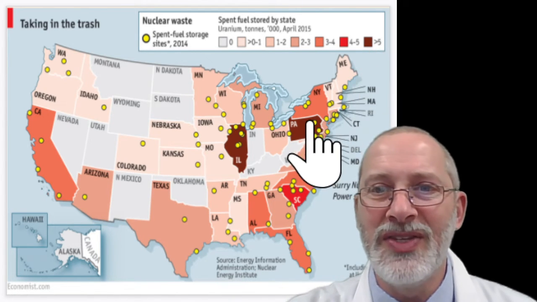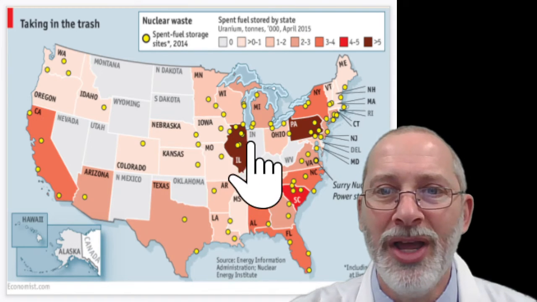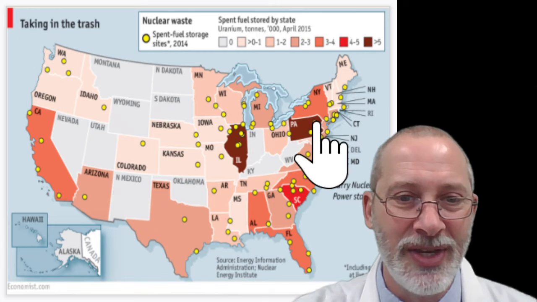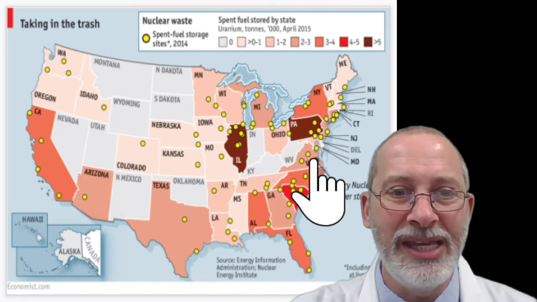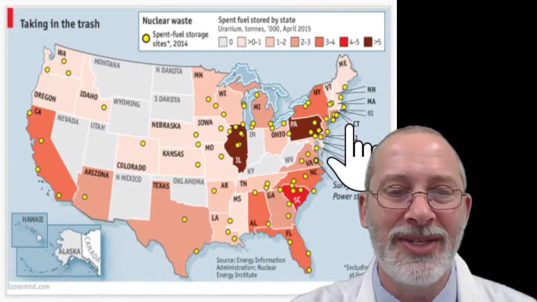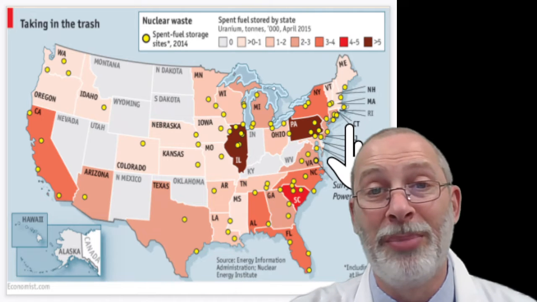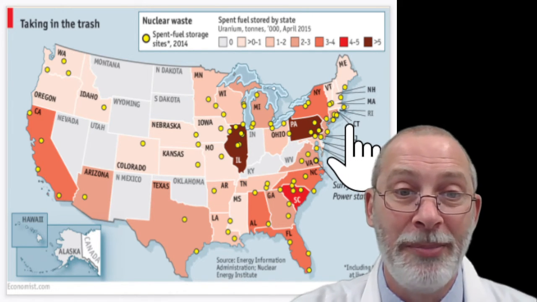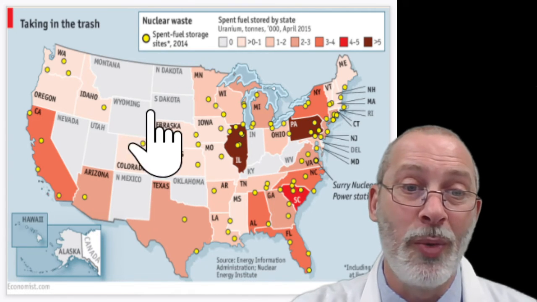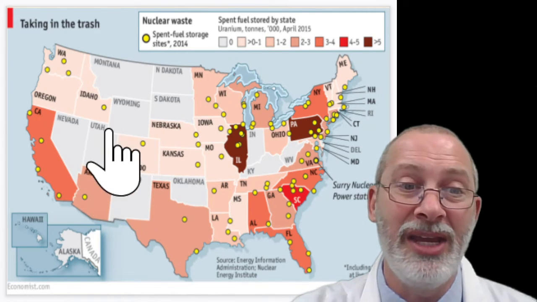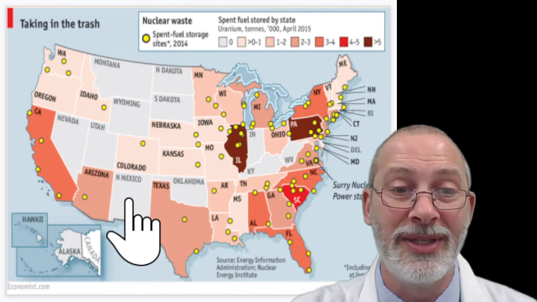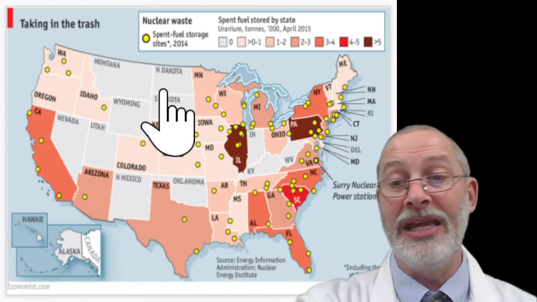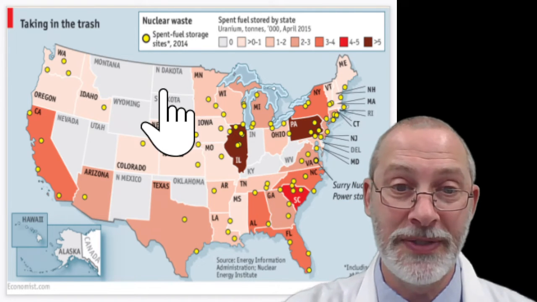And if you look at these yellow dots, those are storage sites, storage facilities. You can see a lot of them are on the eastern half of the United States, primarily because that's where a big population of people is that use the energy. But you'll see a lot of western states here don't have any storage facilities, and that's primarily because there's not a lot of people who live there who need the energy in the first place.